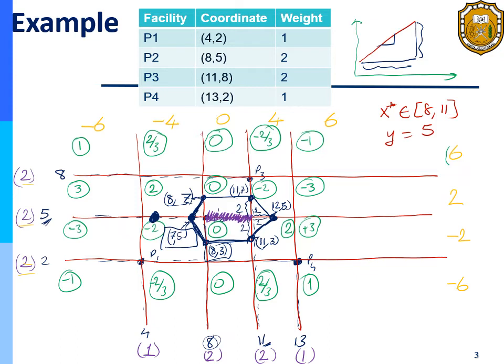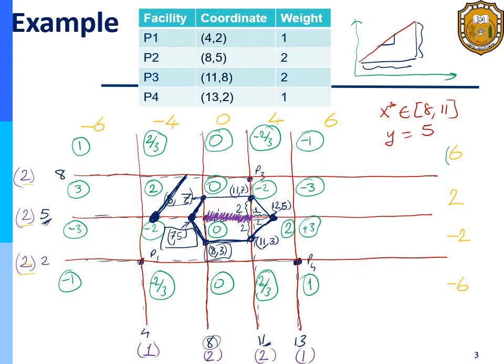So starting from here with a slope of 2 units, you will be moving here. But as you can see, this time we are not going to this grid, but we are going to this grid. We are entering a different grid. So you need to be careful about these coordinates, in which grid you are actually entering into.